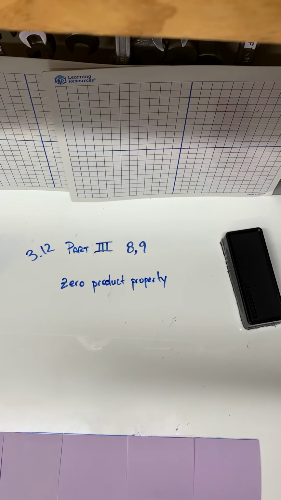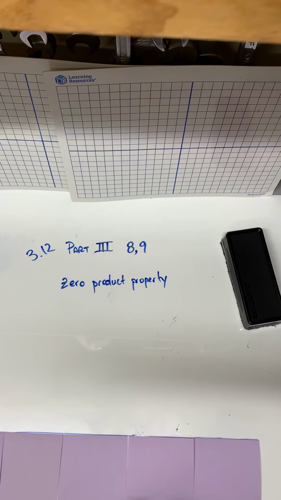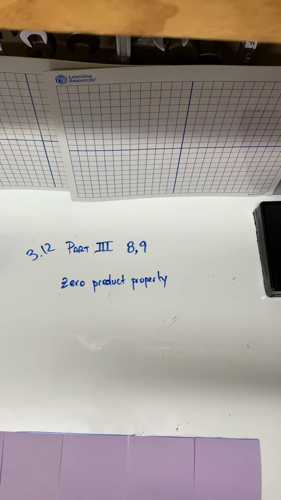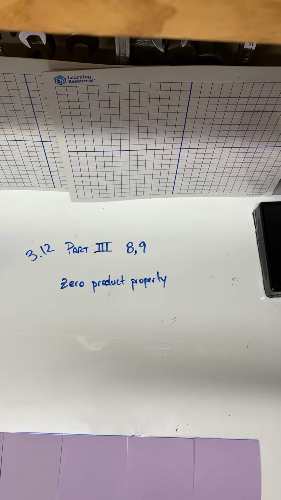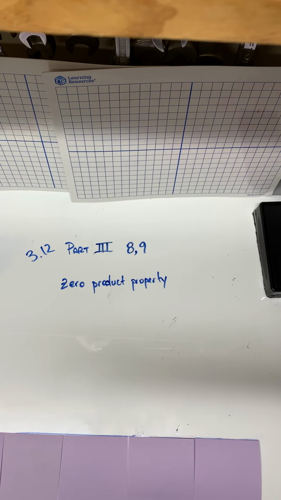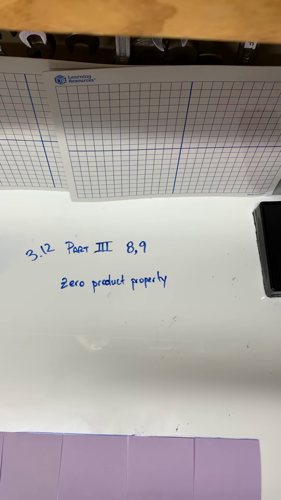If I said to you, I have two numbers in my head, and when I multiply them together, my answer is 0. So I multiply one number times another, and I get 0. Most of you would realize that that means that at least one of my numbers had to be 0.